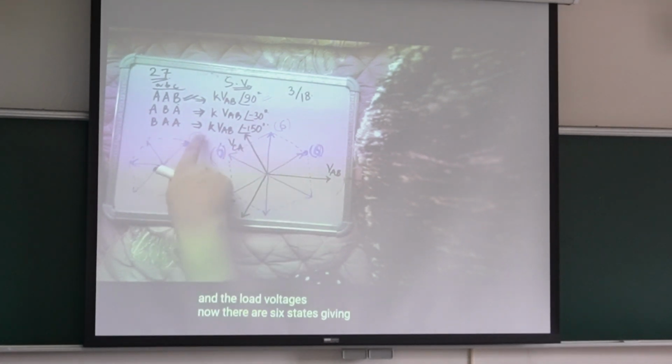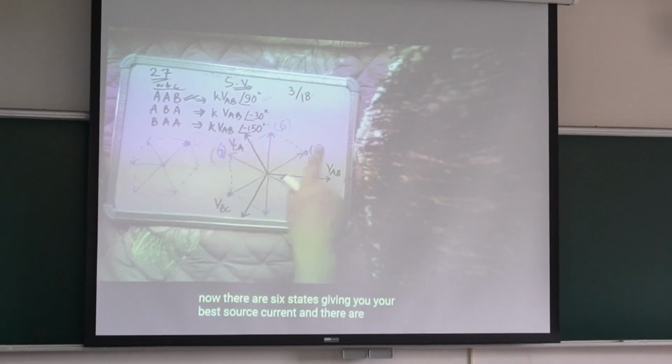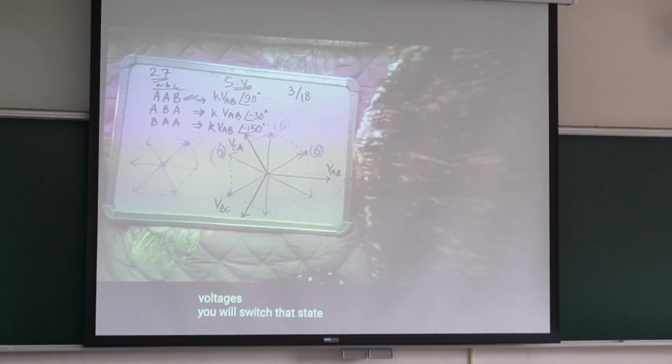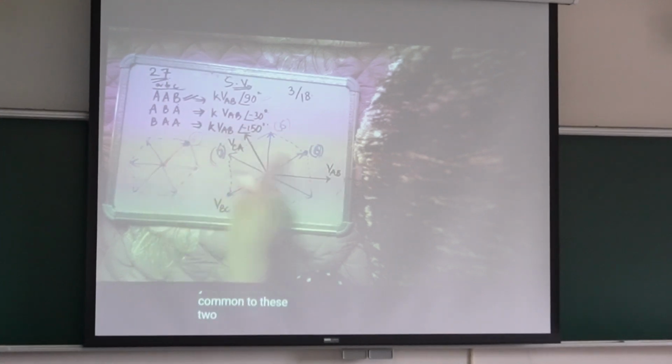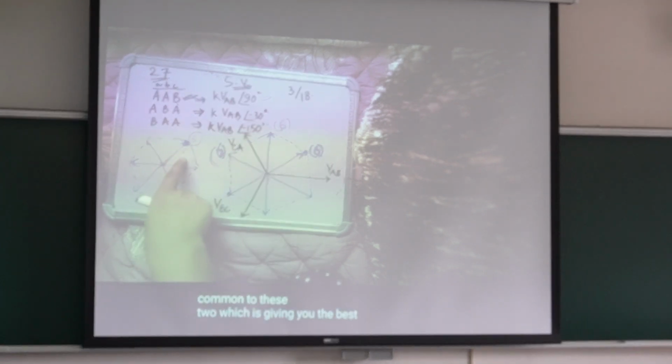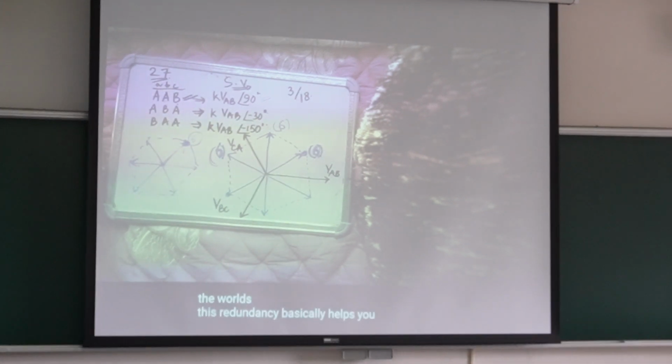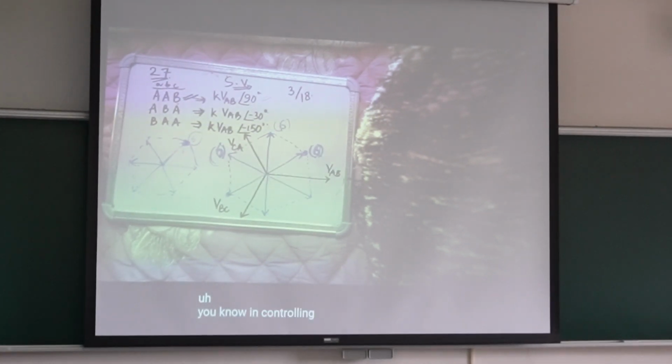There are 6 states giving you your best source current, and 6 states giving you your best load voltages. You will switch that state which is common to these two, giving you the best of both worlds. This redundancy helps you control both source current and load voltage together.